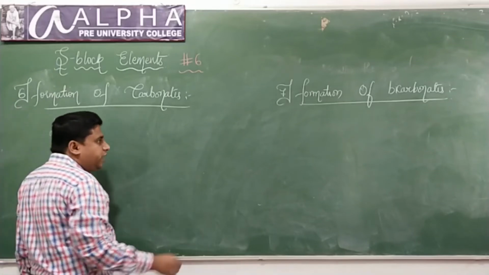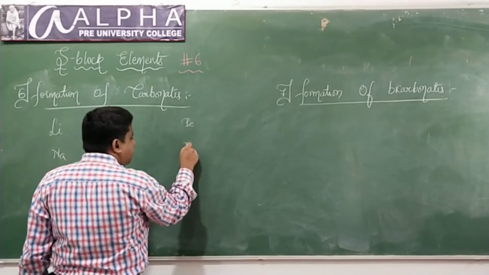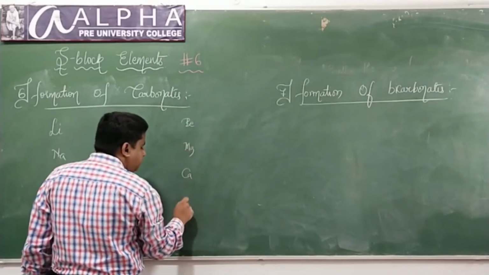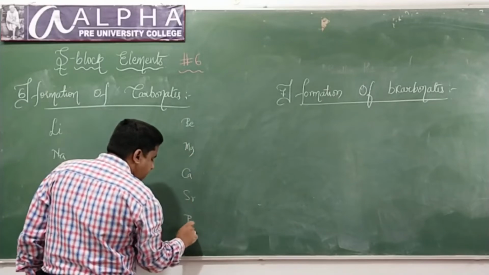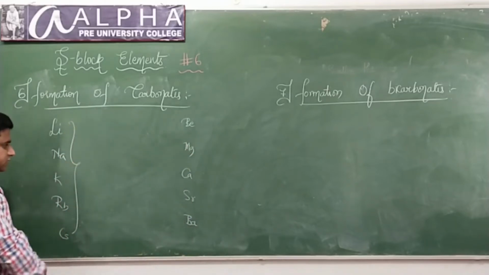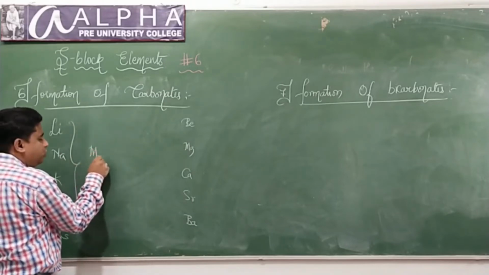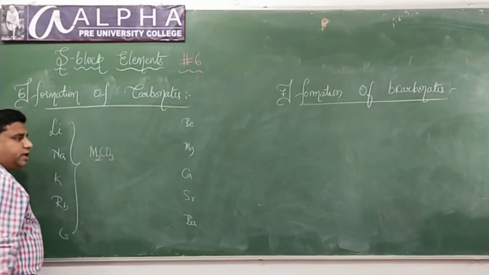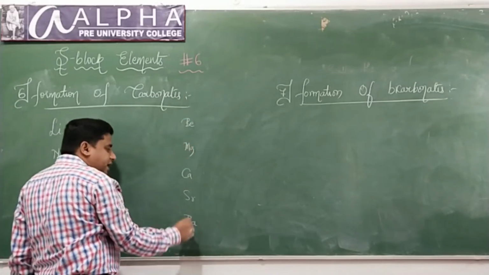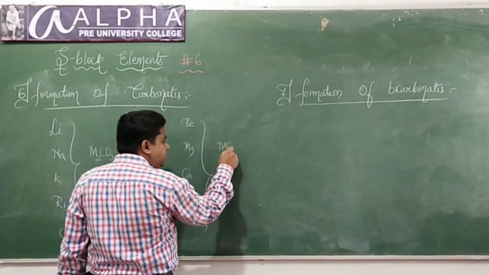And the alkaline earth metals: beryllium, magnesium, calcium, strontium and barium, isn't it? All alkali metals will form carbonates of the type M2CO3, whereas all alkaline earth metals will form carbonates of the type MCO3.